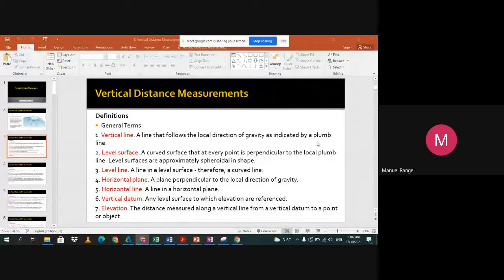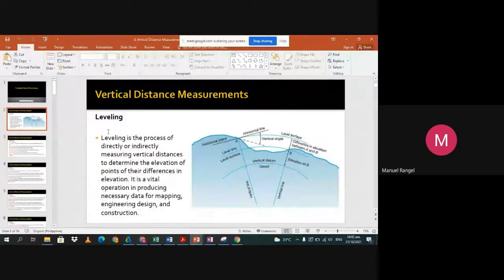It goes straight towards the center of gravity, and that is the vertical line. Then we have the level surface, a curved surface that at every point is perpendicular to the plumb line. Level surfaces are approximately spheroidal in shape.